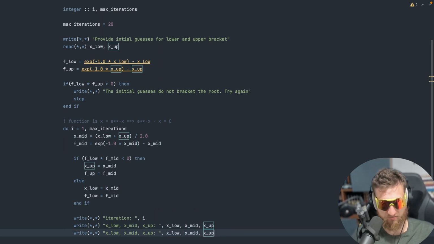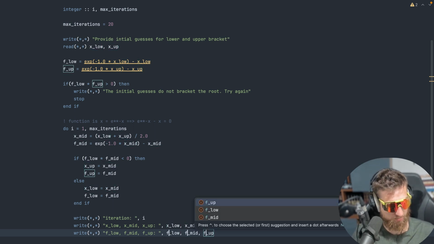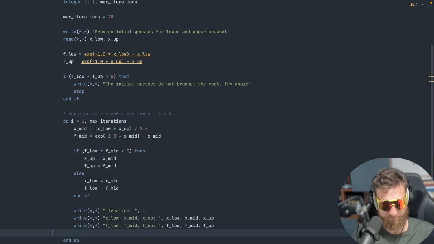Make sure that looks all right. Flow, yeah, let's do that. Oops, could have just done that all in one go. Oh well. And I'm just going to write a blank line here for better formatting.